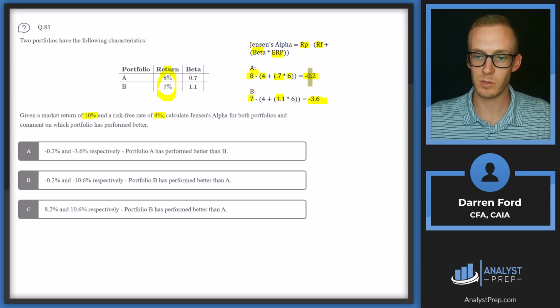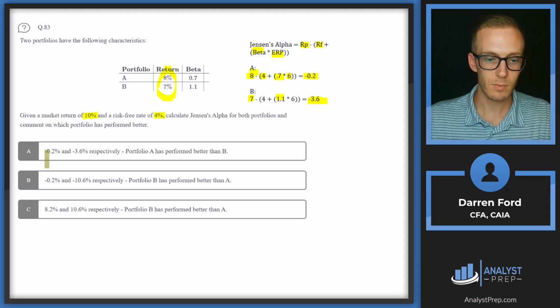They both have negative values, but minus 0.2 is a lot better than minus 3.6. So portfolio A has performed better than B. That sounds like it's our answer. For B, we've got 0.2 and minus 10.6. We can rule that out. And then C, we've got 8.2 and 10.6. We can rule that out as well.